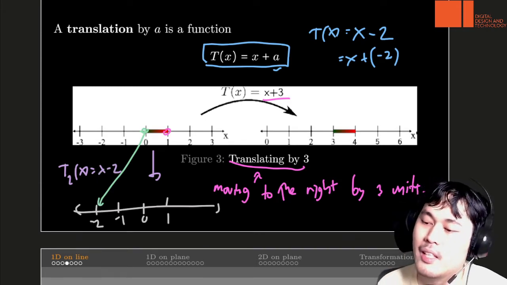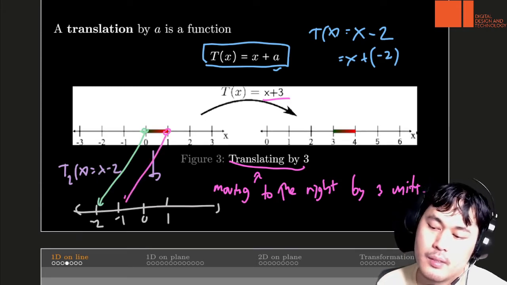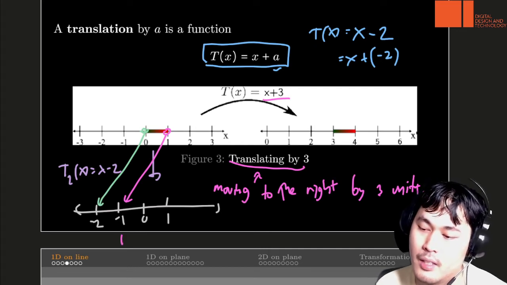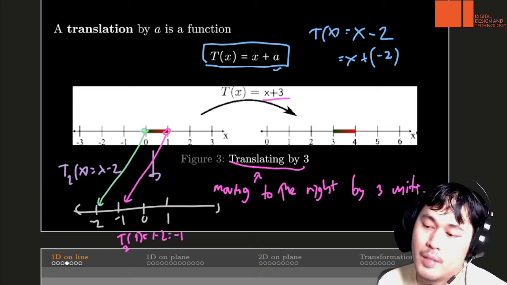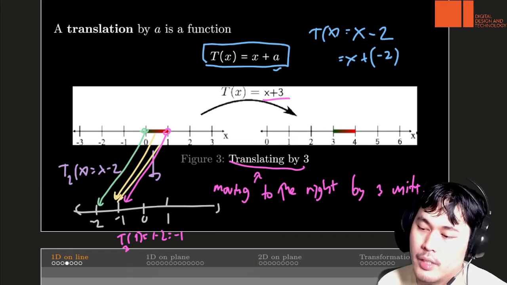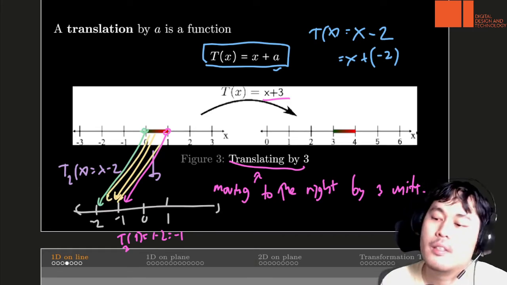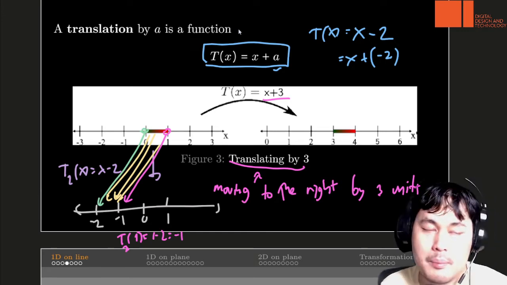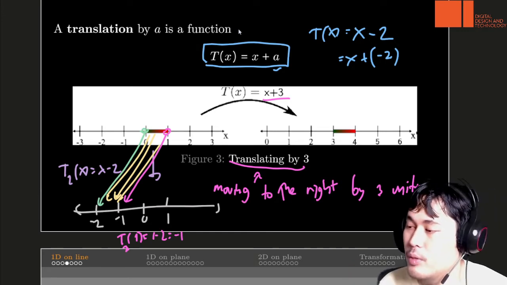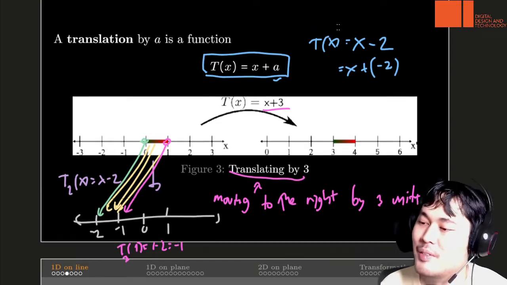The point 1 gets moved to minus 1, because again 1 minus 2 is minus 1. And everything else in between also gets mapped to a new point to the left. So this is a translation by a negative number. You just move in the opposite direction from the positive one.